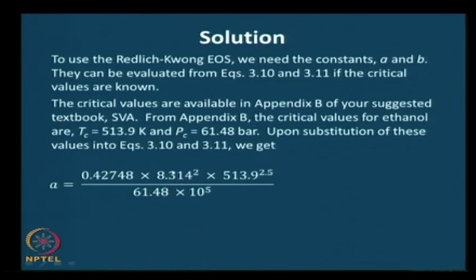R of course in the relevant units is 8.314, divided by Pc, this is 61.48 bar, and therefore we need it in Newton per meter squared, so you need to multiply it by 10^5. This value turns out to be 28.7739 Newton meter squared per mole squared per Kelvin to the power of 0.5.